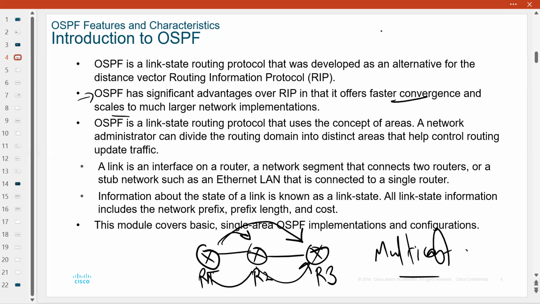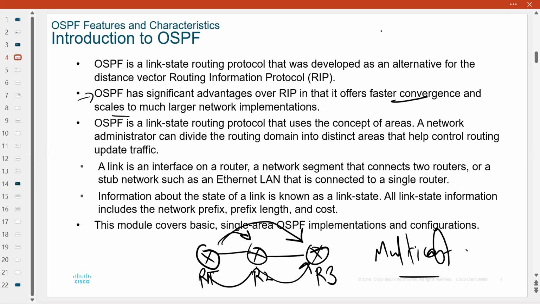When the network reconfigures itself, a multicast is sent to every router. Therefore, it's easier to scale in larger network environments using link state rather than using RIP, which is a distance vector protocol.